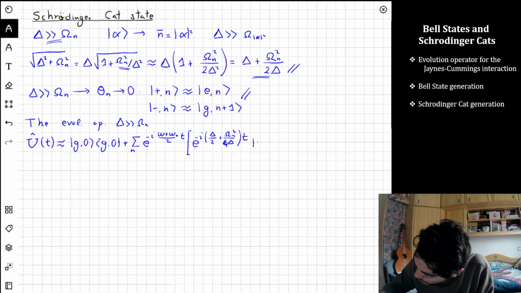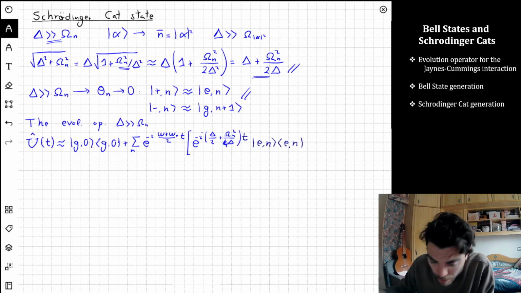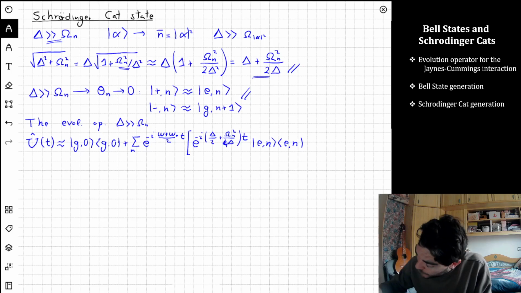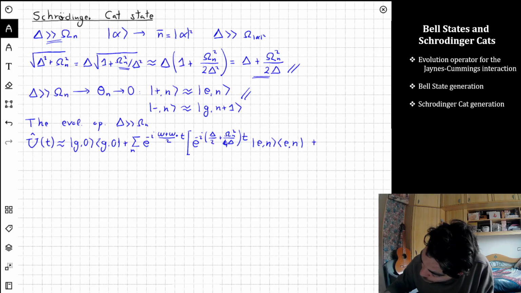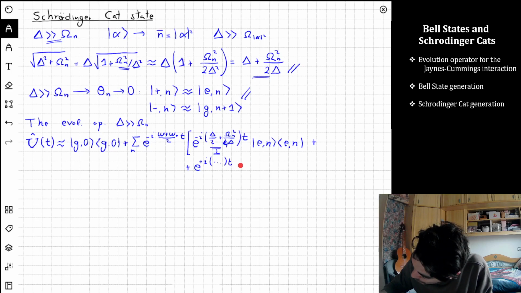Then one has |e,n><e,n|, and then plus something very similar, e to the plus i and then all of that, and then |g,n+1><g,n+1|.